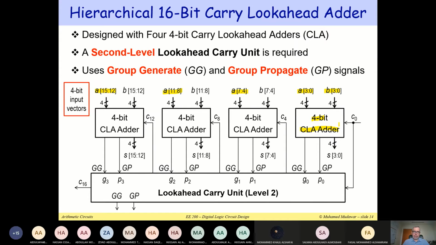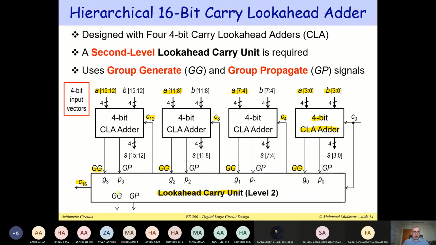So I'm using here 4-bit carry look ahead adders to add all of these bits and to generate the group generate and the group propagate. So I use the group generate and the group propagate for a second level, a level 2 look ahead carry unit, to generate C4, C8, C12, and C16 as well, in parallel.